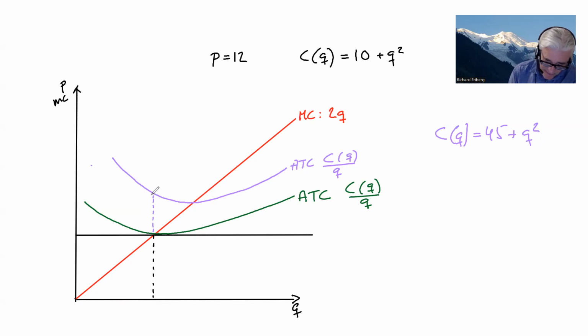They're instead given by this higher average total cost curve. So evaluated at this quantity, the costs are this quantity times the average total cost. So the cost will be this whole rectangle, whereas revenue is just price times this quantity. So this dashed area will be the loss.